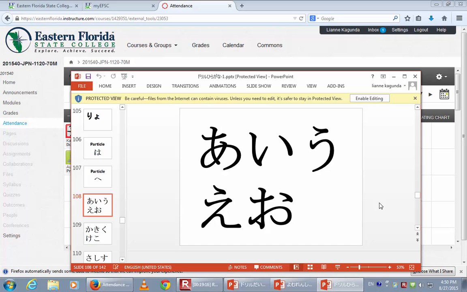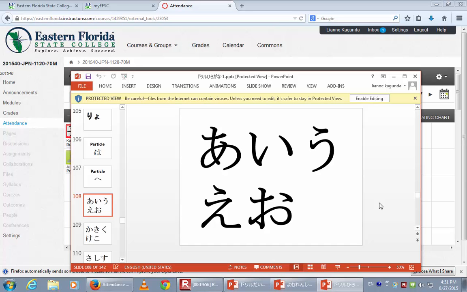Okay. Shichiji is, anybody know? 7 o'clock. Remember, nana was 7, but shichi also means 7. And again, there are certain set phrases where you must use nana or you must use shichi. Okay, so shichiji, 7 o'clock. Nisai. Anyone know what the sai suffix means? Ni is the number, yes, age. Ni is 2.